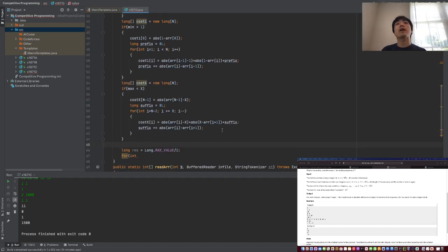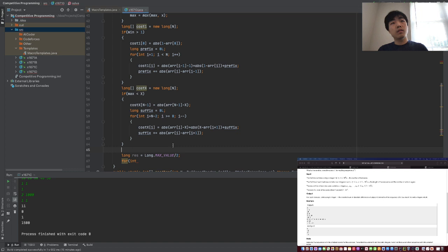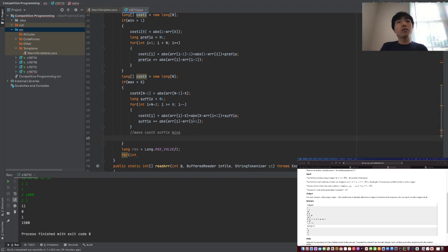This calculates an actual value itself. But we want to find, among all these prefixes, we don't want to just do suffix ends. So we want the minimum cost.